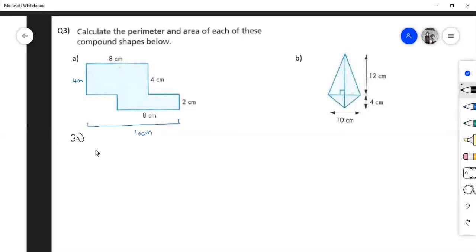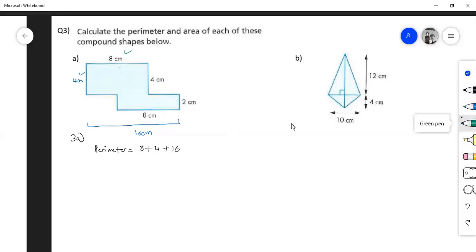So with that in mind, I can actually find my perimeter easily. I'm going to write here perimeter, which will be 8 plus 4, plus 8 plus 4, and then this whole length is going to be another 16 there.